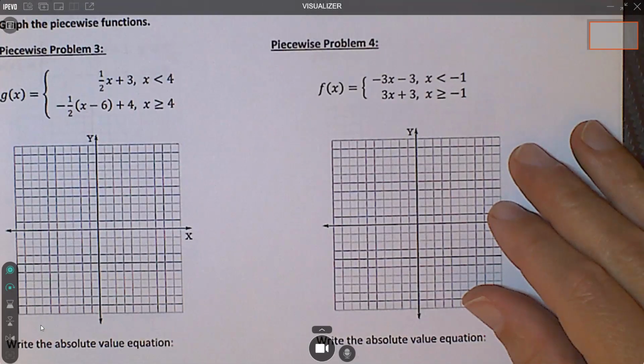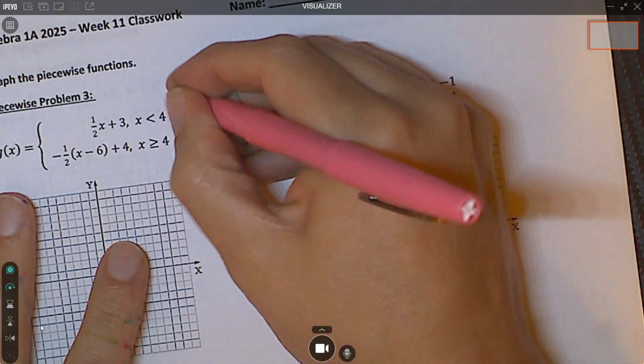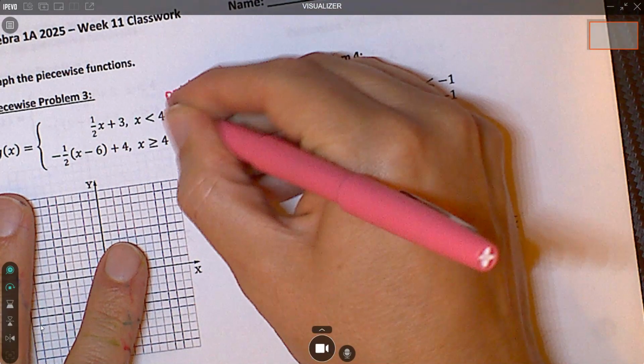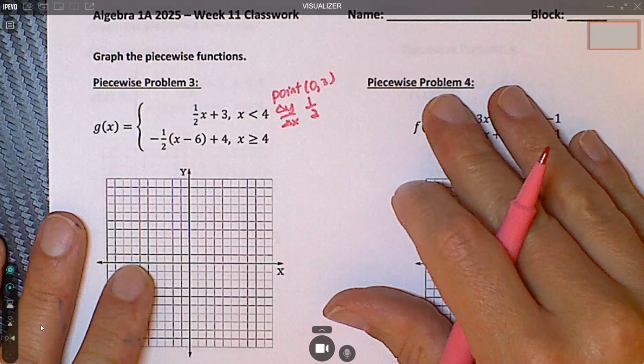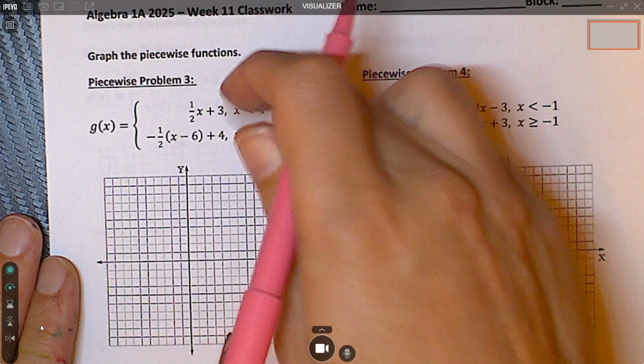Okay. So why did we push this point slope? Why did we push y-intercept? Well, this is why. 0.03. So it's equal to, don't let the less than mess you up.